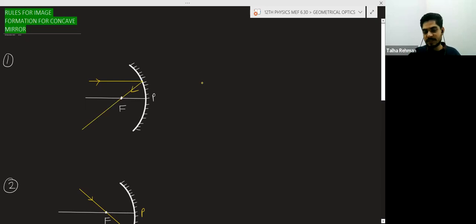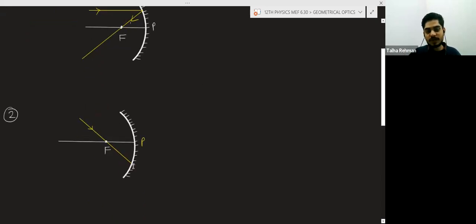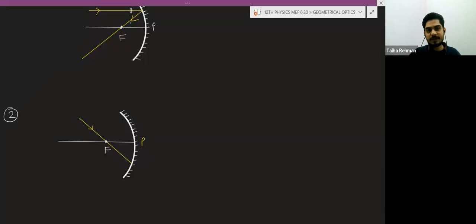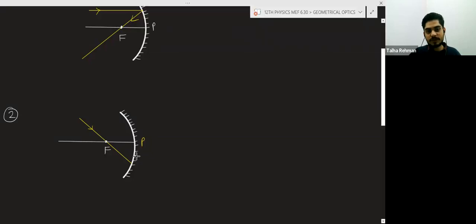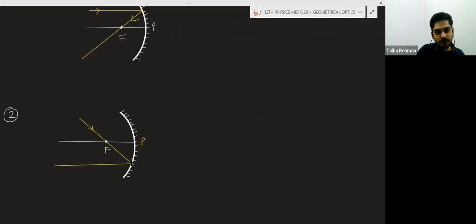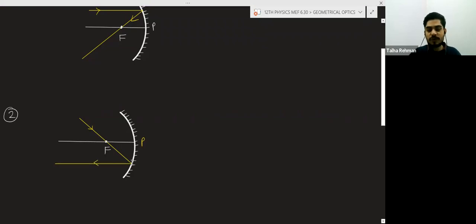The second rule is just the reverse of this. If a ray of light is passing through the focus, it will become parallel to the principal axis. Second rule. Third rule. If a ray of light is passing through the center of curvature, it will retrace its path.